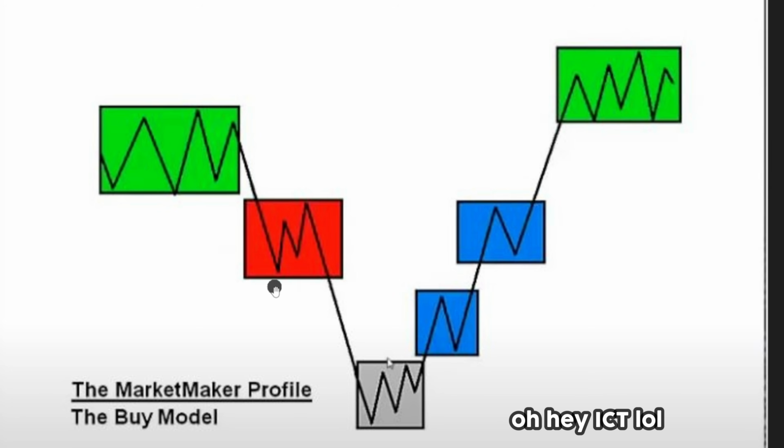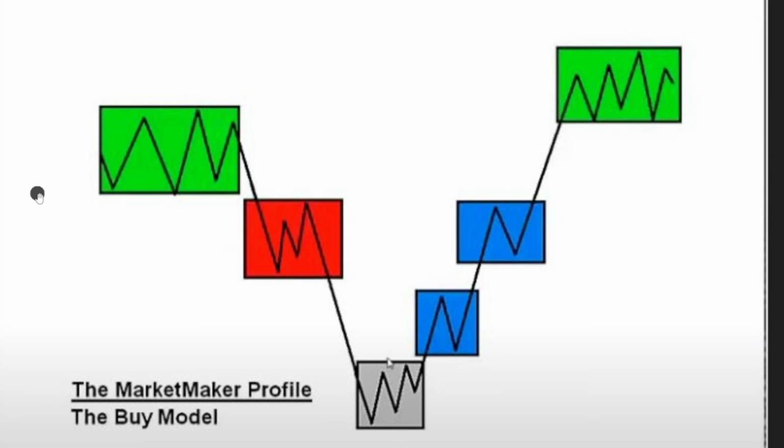Of course, you could go counter trend and look for market maker buy models within a market maker sell model on the higher time frame, but that takes a lot of experience and knowledge to pull off. I would just suggest trading in line with the higher time frame institutional order flow.